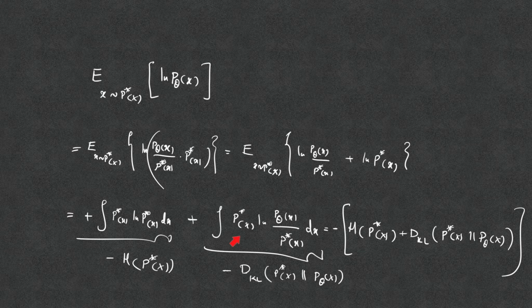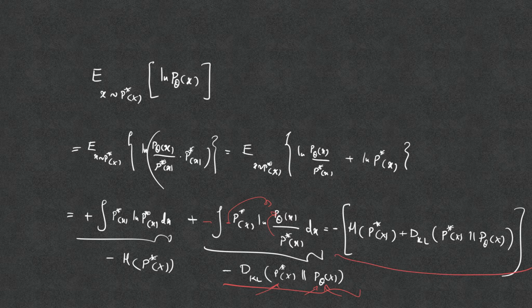Then on this part of the deal, you can have another negation sign and bring the P star over there to the top and make it a KL divergence. Let's see how that would work. As you can see now, you have the KL divergence between the target true distribution and the thing that you're optimizing, the P theta of x.